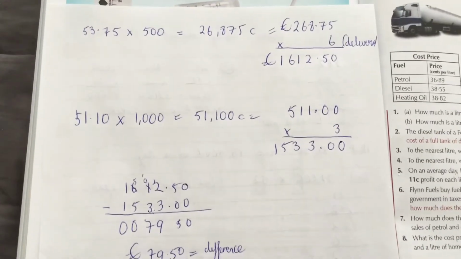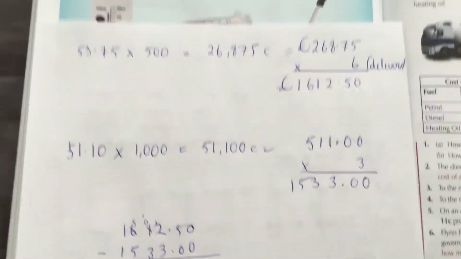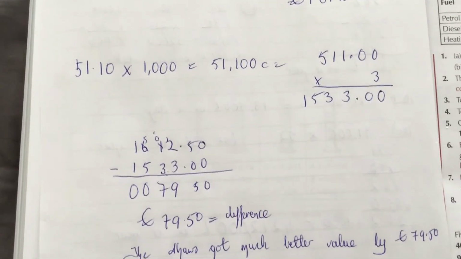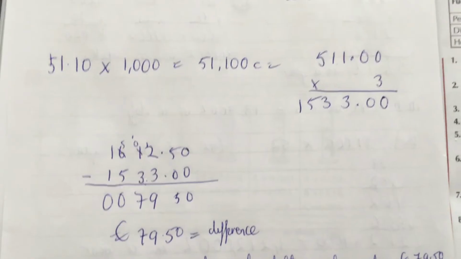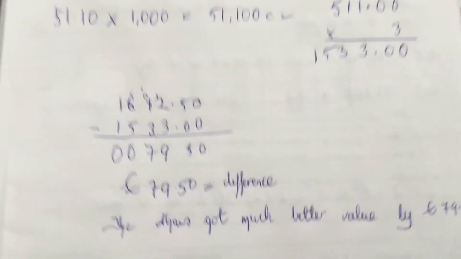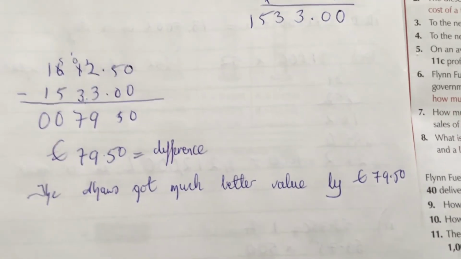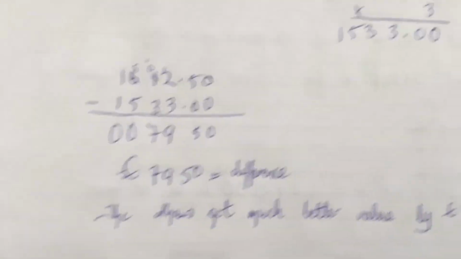We obviously know that the shows did far better. But how much better did they do? You just get the difference between €1,612.50 and €1,533, and the answer is €79.50. So the shows got much better value by €79.50, and that's a substantial amount when you think about it.